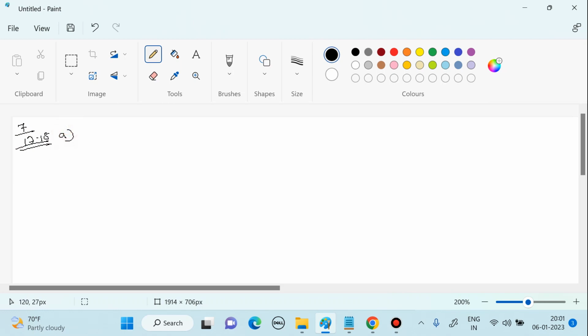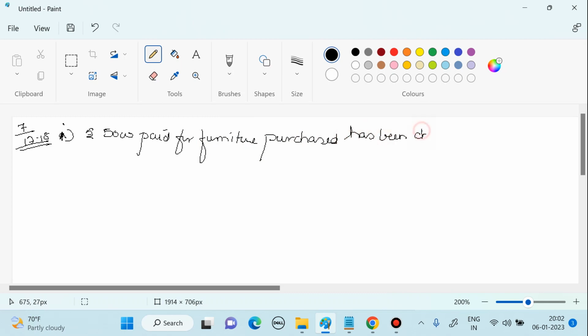So first one we have is rupees 5,000 paid for furniture purchased has been charged to ordinary purchase account.